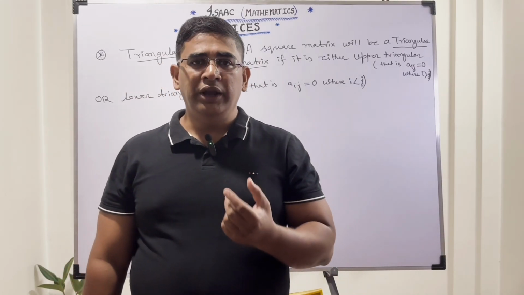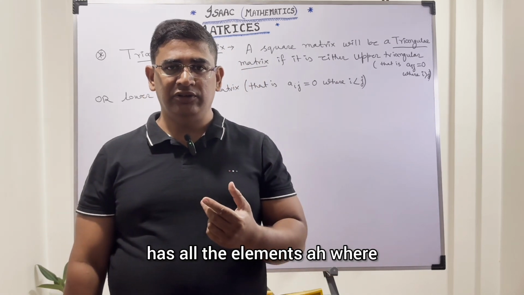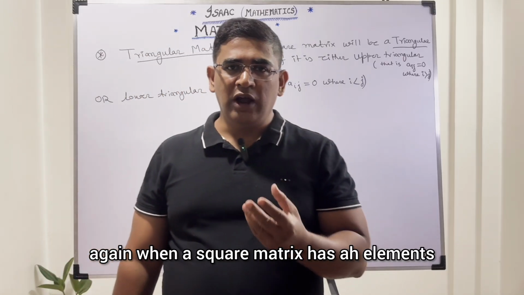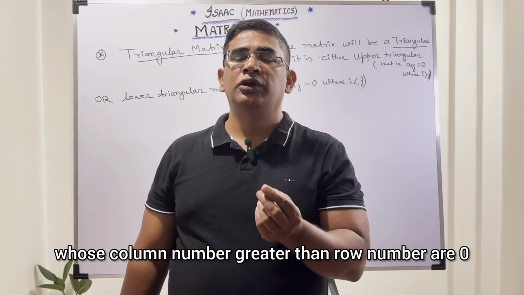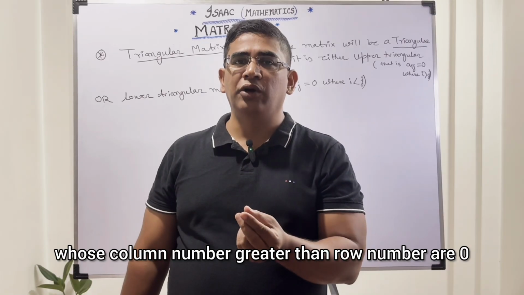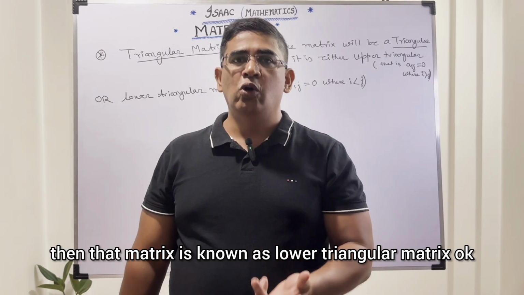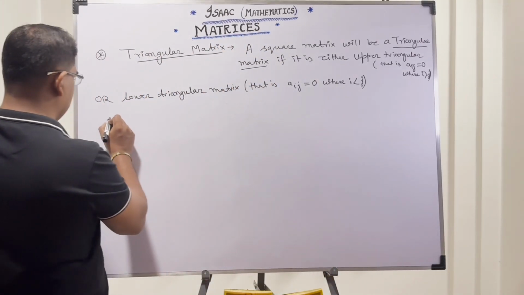Okay, when a square matrix has elements whose column number is greater than row number as 0, then that matrix is known as lower triangular matrix. Okay, example.